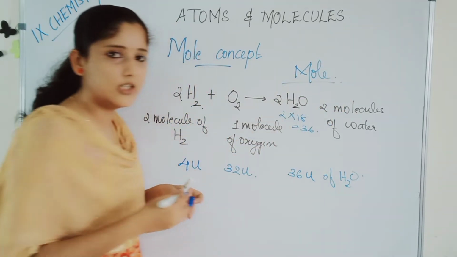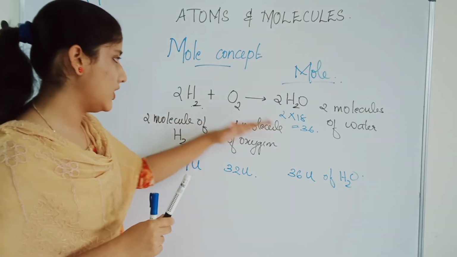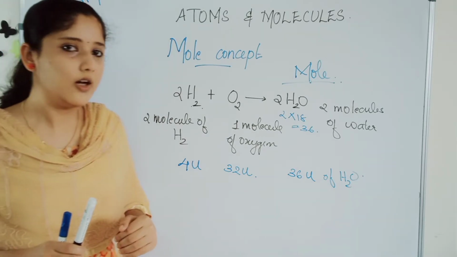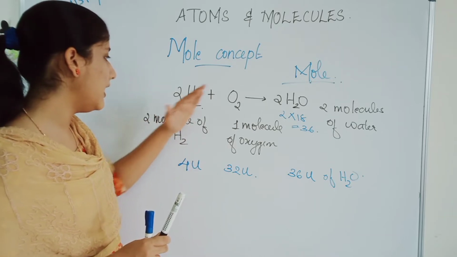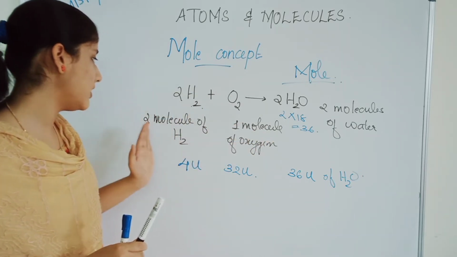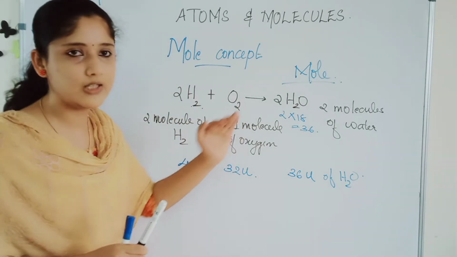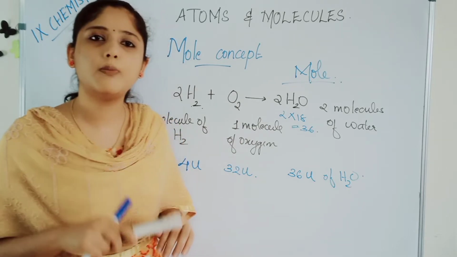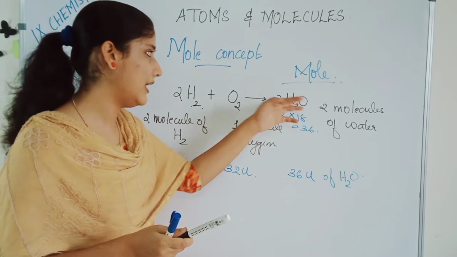Mole is a term that is used to define an equation in a more convenient way. If we need to say it in terms of 2 molecules, 1 molecule, we can say. In terms of mass also we can say. A more convenient method is to use the term mole, M-O-L-E.